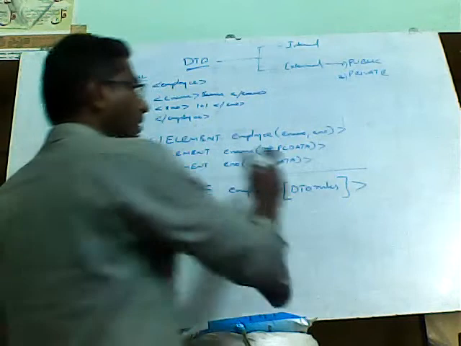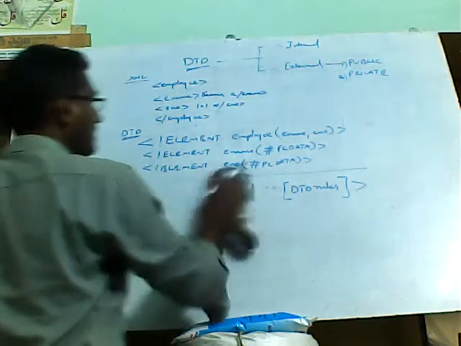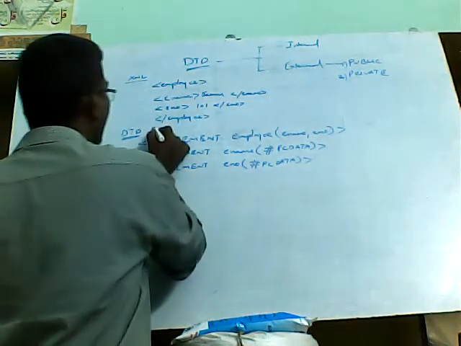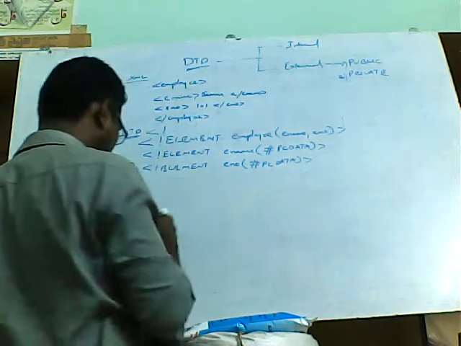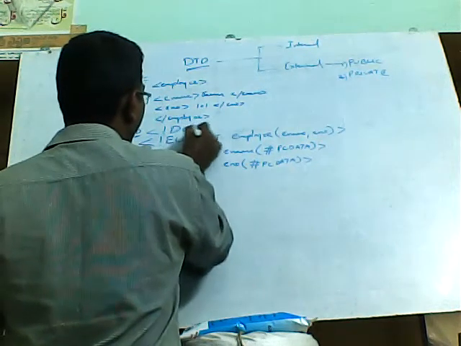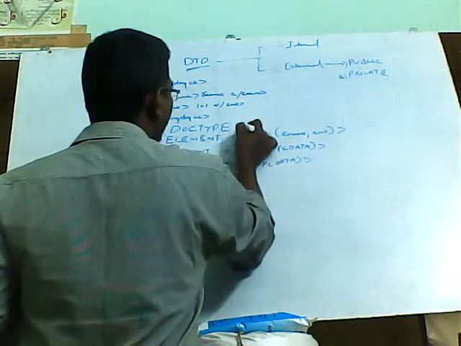Now we will add this line to this particular DTD code so that it will become an internal DTD. So what we need to do here? Less than, exclamation mark, followed by DOCTYPE. What is the root element here?